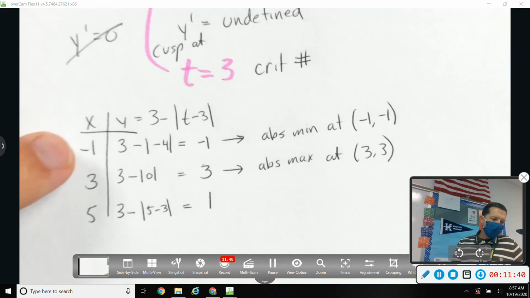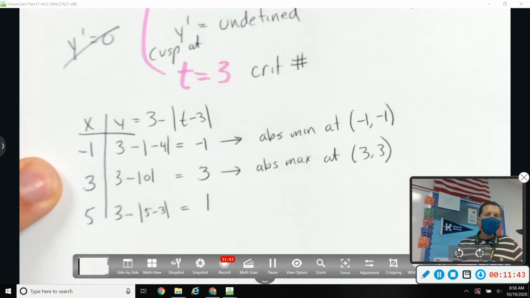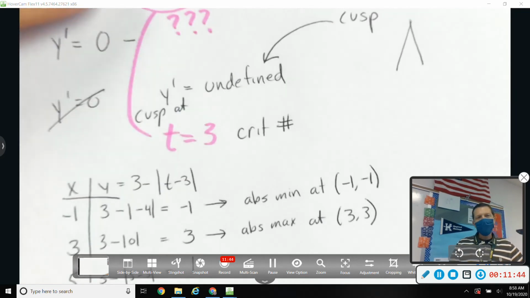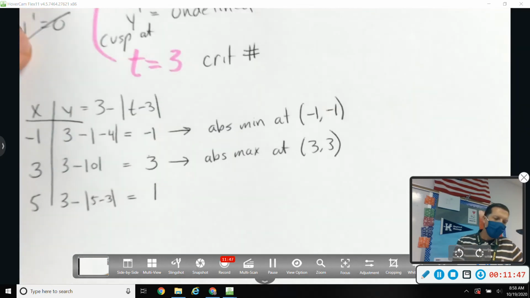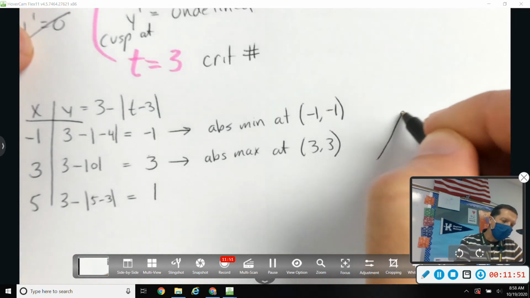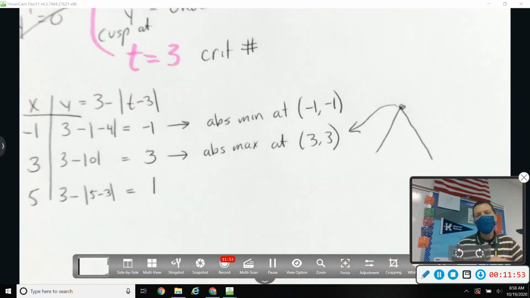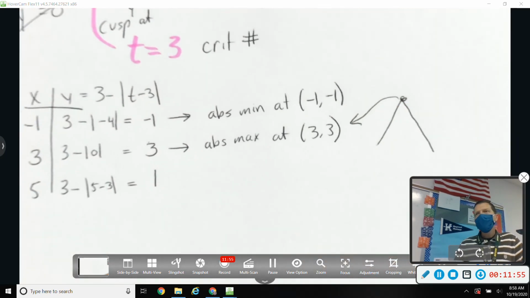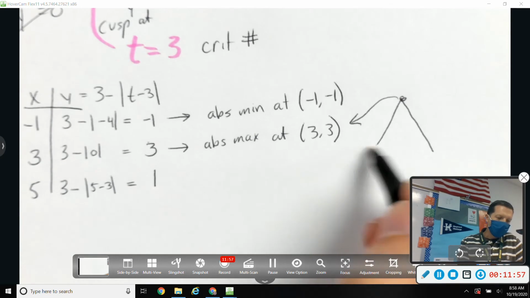And I think if we'd paid a little more attention to this graph, that would make sense, because the absolute value part was negative, so it's an upside down V. And so that means our max occurs where the V is. And the min occurs at just whichever endpoint goes lower.